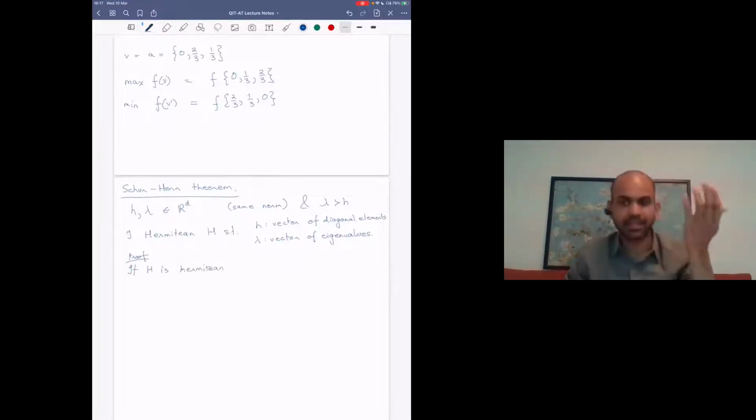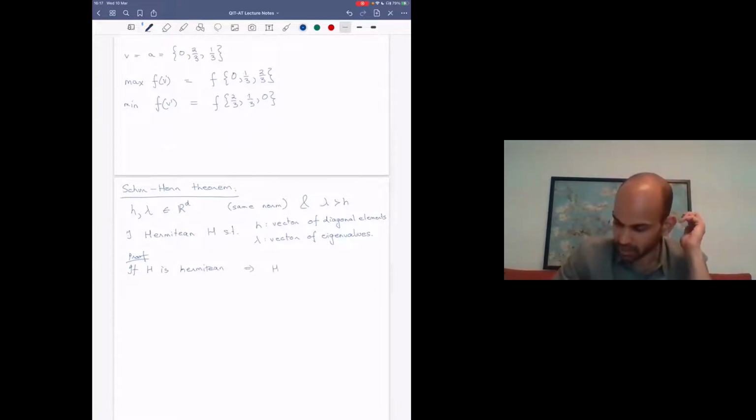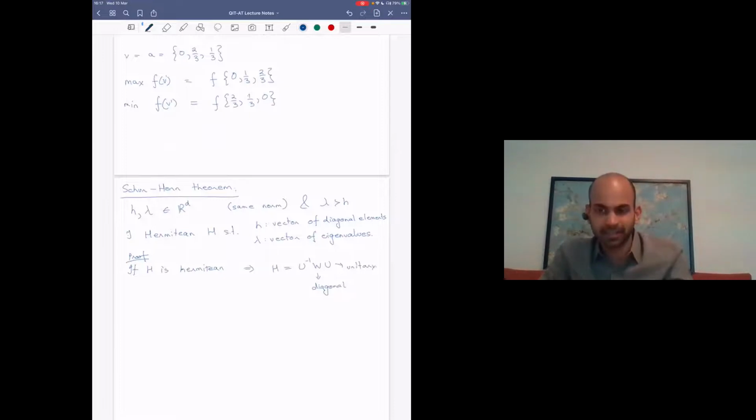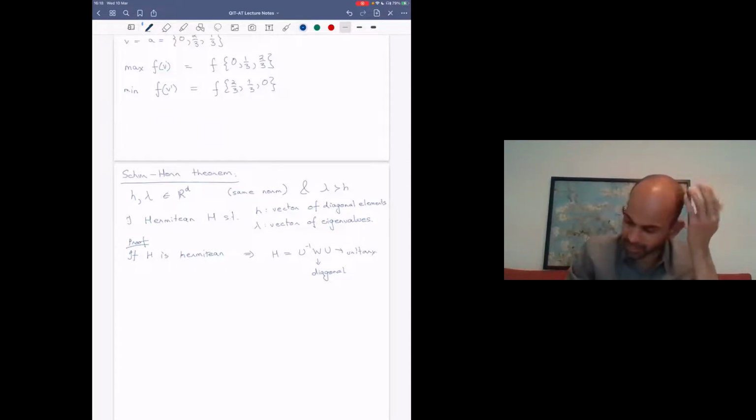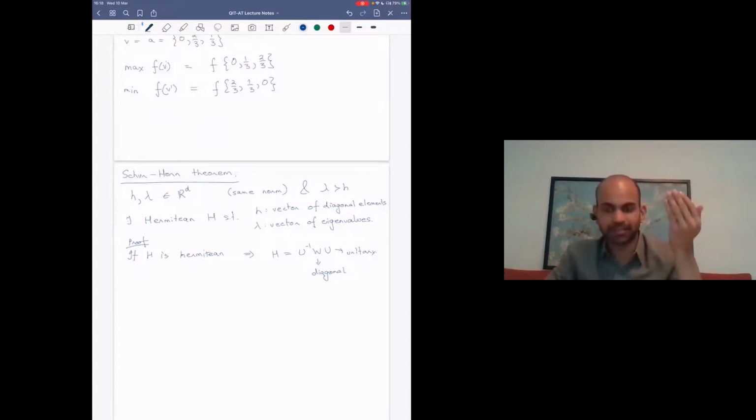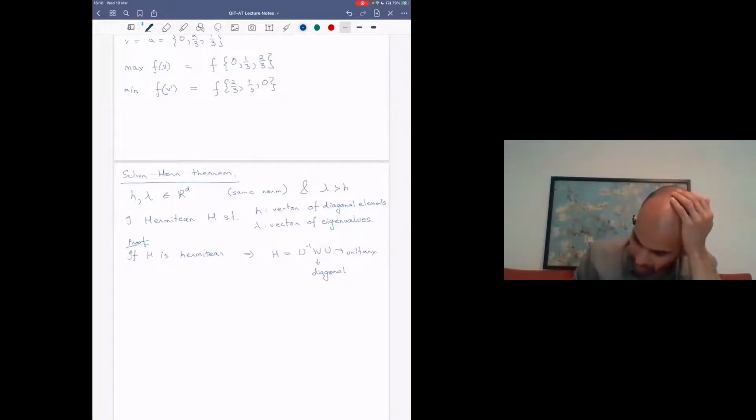Then I know that I can always diagonalize H. So I can write H in the form H = U inverse W U, where W is diagonal and U is a unitary operation. This essentially amounts to finding the basis in which H can be expressed as a diagonal matrix. Now let me look at the relationship between the diagonal elements of H and the elements of W. I can write the diagonal elements of H, which I label H_ii, using matrix multiplication.